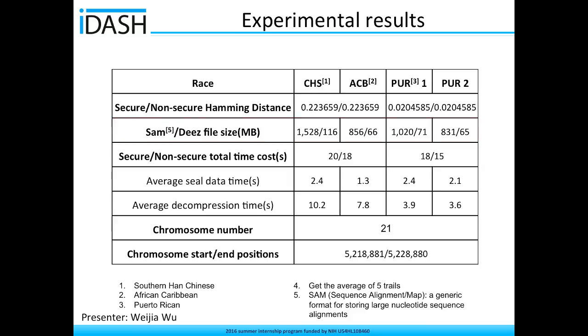This is very essential in secured genomic data computation. And then this is the running time of our project. You can see that with the SGX service, the time is just 10% over that with plain text.